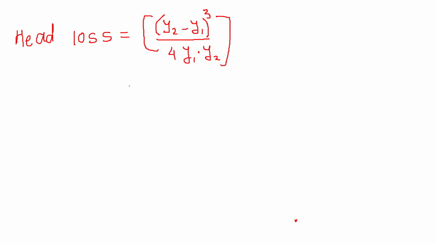In order to solve this question, you should remember all these formulas. So we just calculated y2 as 1.505, minus 0.3, right? So bracket cube divided by 4 y1 into y2.